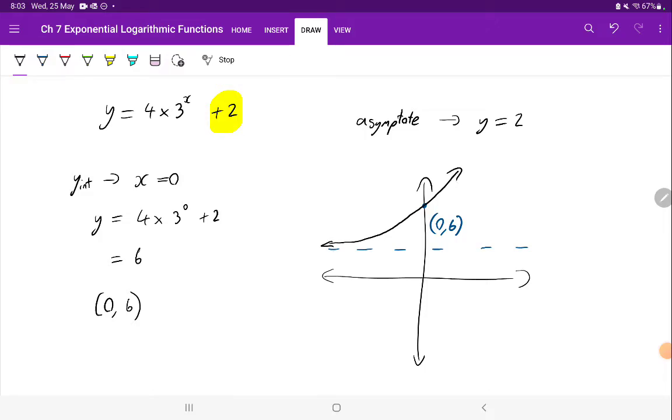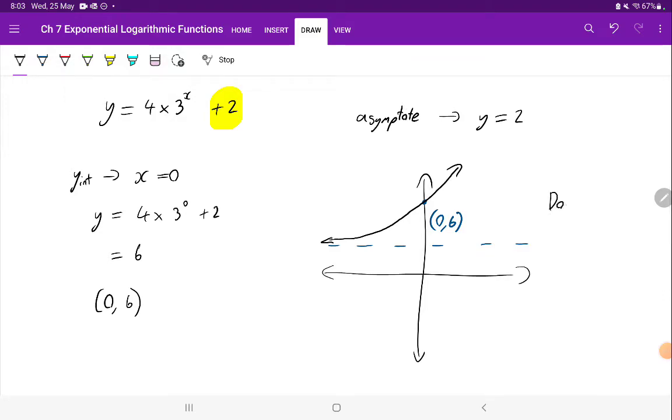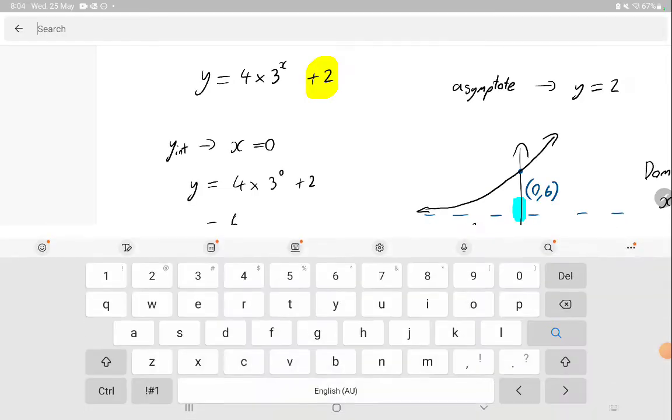And we could write some things like domain and range. So let's do the domain and range. We haven't done that for a bit. So x would be in double R. And for the range, y would be in, well, what's the smallest value of y? It almost reaches this y is equal to 2 line, but it doesn't quite.